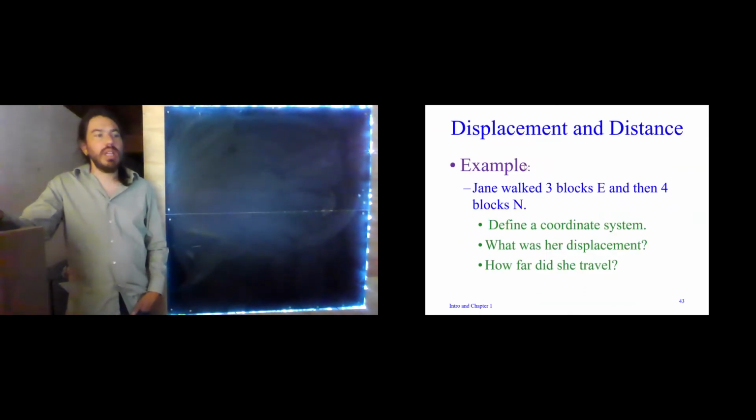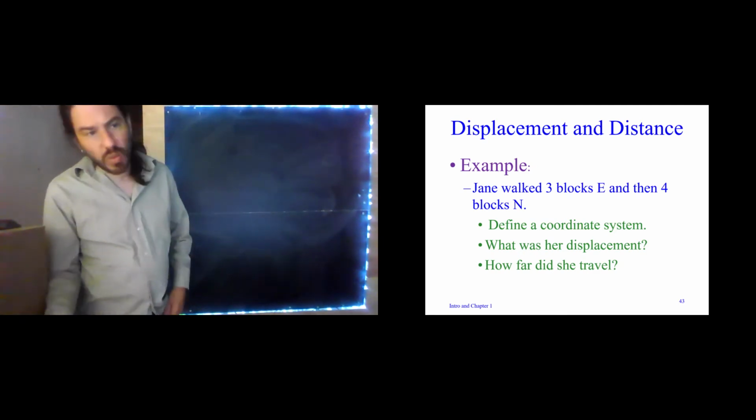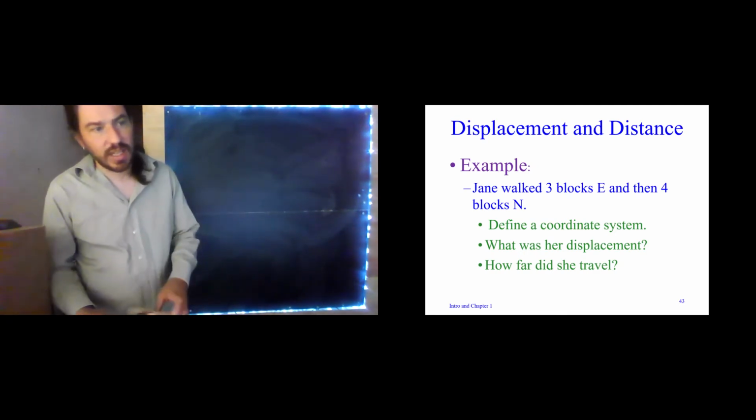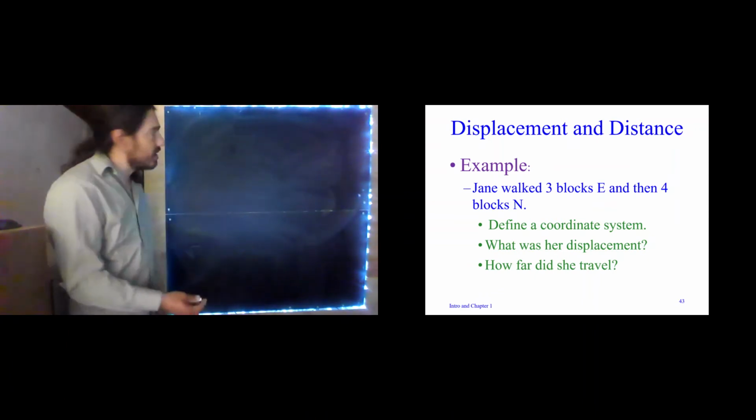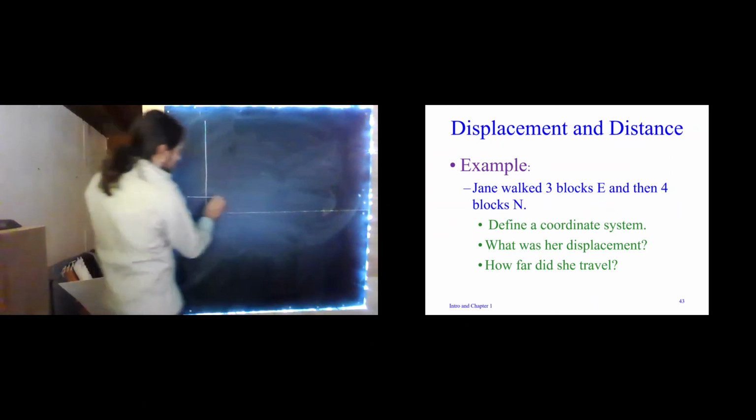Okay, here's an example. Jane walked 3 blocks east and then 4 blocks north. First of all, define a coordinate system, then what was her displacement, and finally, how far did she travel? Okay, first of all, define a coordinate system. Well, in this case, we can just use a grid, and maybe we won't use x, y, since it's given us east and north. So let's write a coordinate system that looks like this.